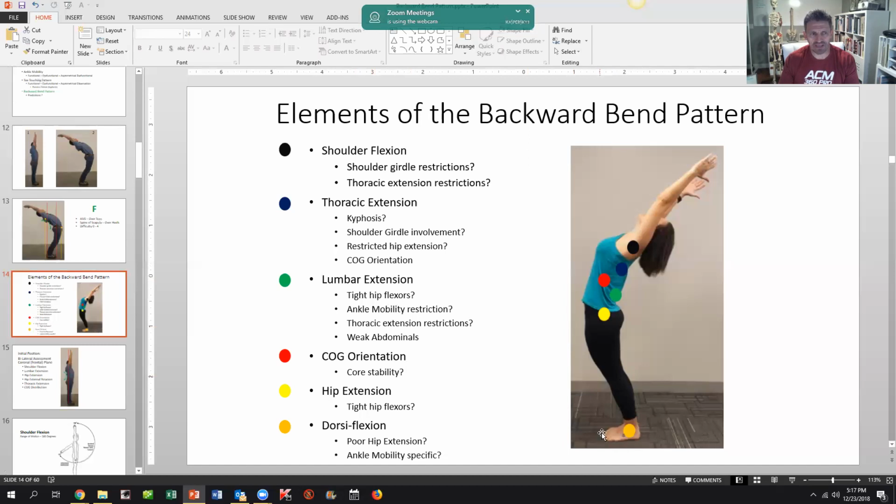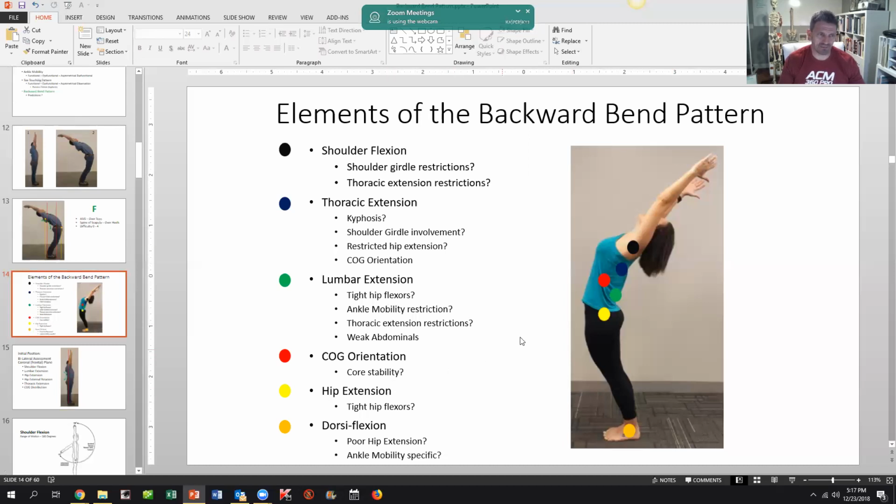Basically, that center of gravity has to stay balanced over the toes. As the hips move forward and the upper back moves back, that center of gravity is reestablishing itself. So someone could have really poor core stability and great mobility throughout these patterns, but their core stability is what's leaving them with an inability to create a good movement pattern.